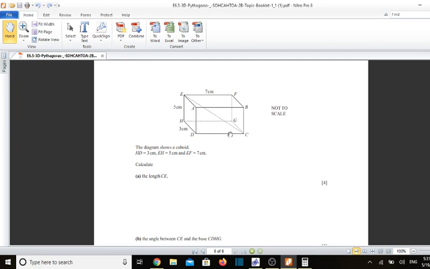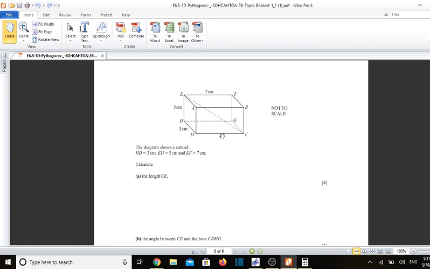For that you can use this 7 centimeters and this 3 centimeters, and you can find the length of this diagonal, and then using the length of this diagonal and this perpendicular, we can find the length of E to C using Pythagoras theorem.